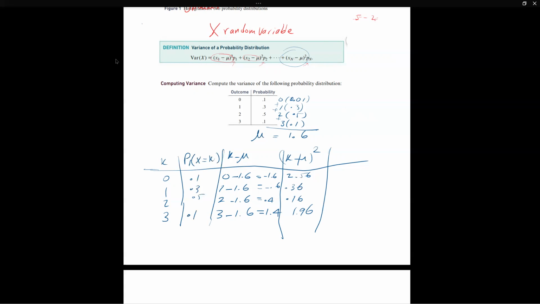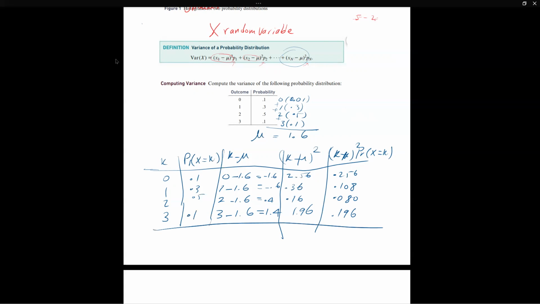Then if you multiply this by the probability, we now have all in the table: 0.256, 0.108, and so on.